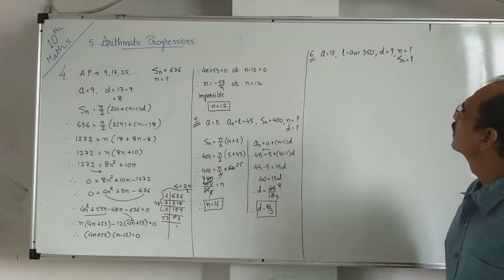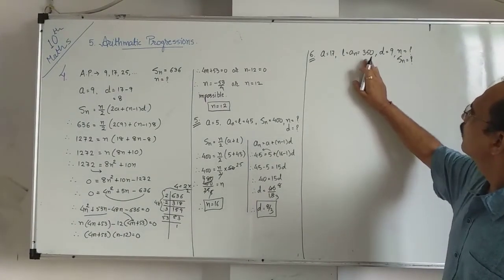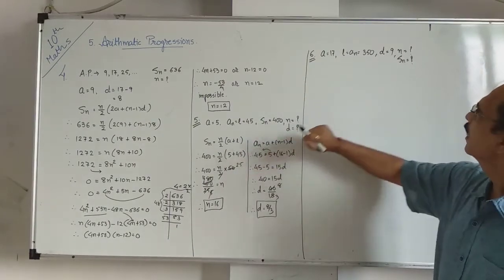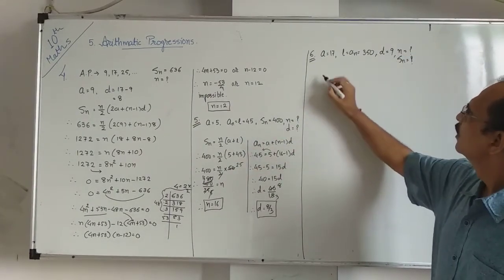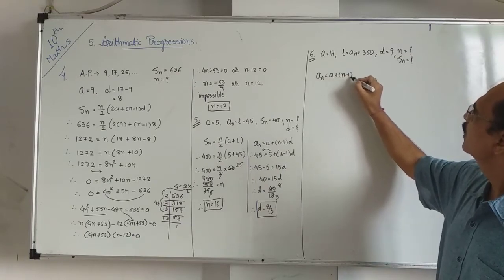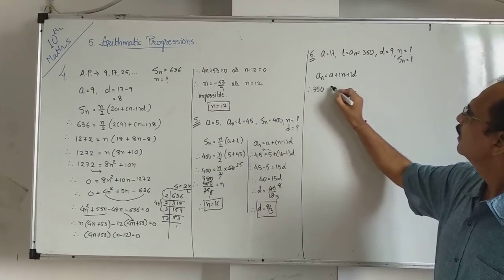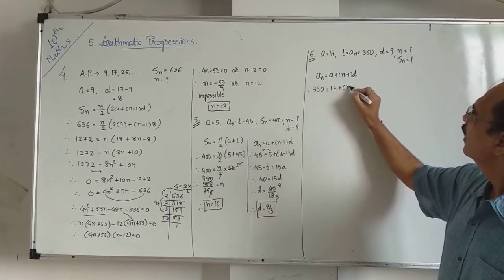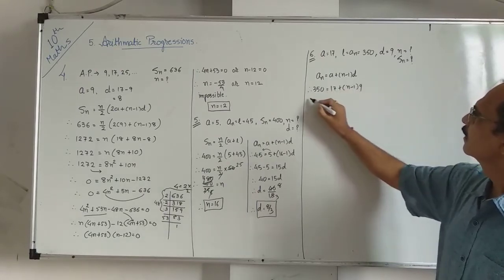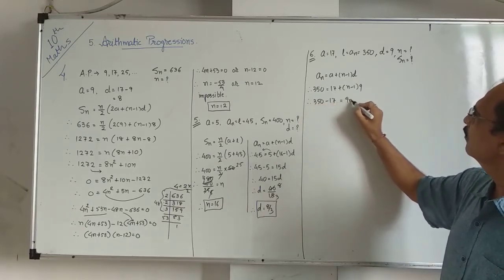Okay? See. Sn you want to find, so naturally you have to apply Sn equals n by 2. n also we don't have, so we apply an equals a plus (n minus 1) into d. an is 350, a is 17, n minus 1, d is 9. 350 minus 17 equals 9n minus 9.